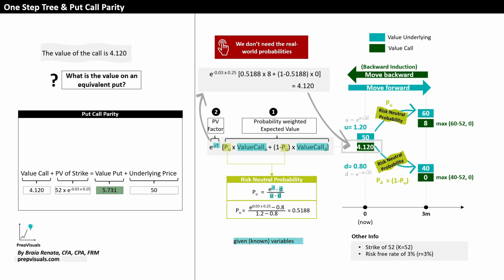Now, there is one more thing that I want you to understand about put-call parity, and that is that this relation holds true so long as both of the options share the same characteristics. And what this means is that both of these options have the same strike price, the same expiry, and the same underlying.